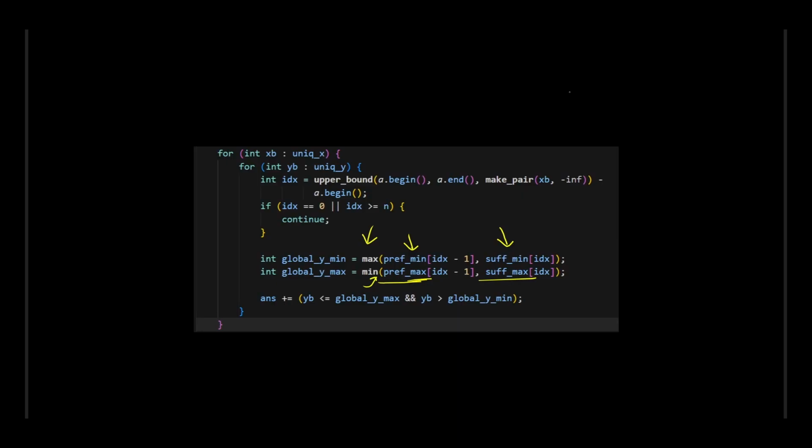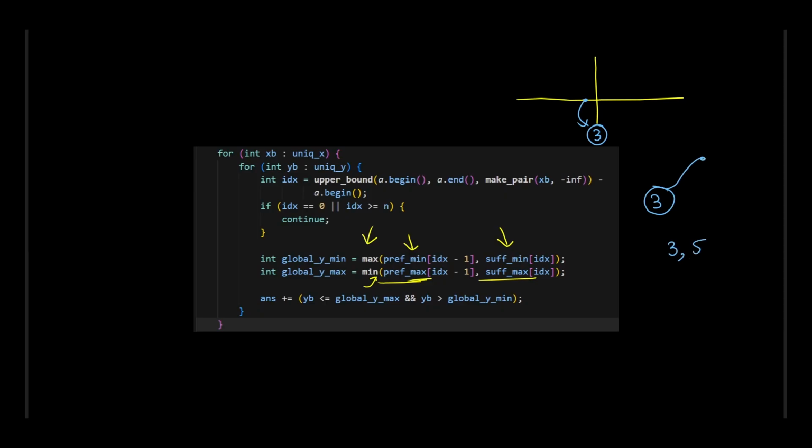And when you are doing this operation, one thing you have to keep in mind: suppose on the left hand side, this element corresponds to x equal to 3. For x equal to 3, there could be multiple copies of x equal to 3.